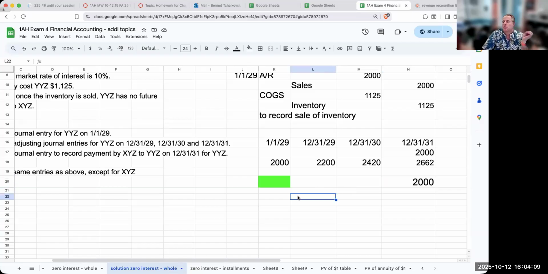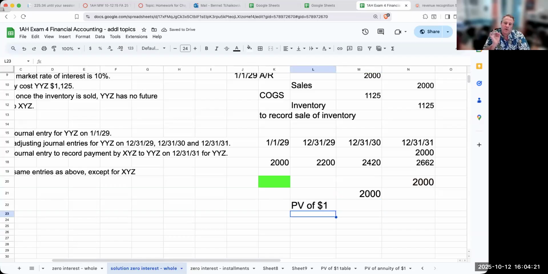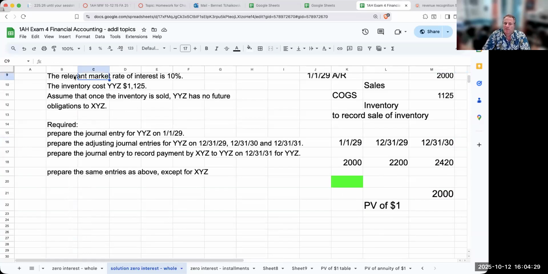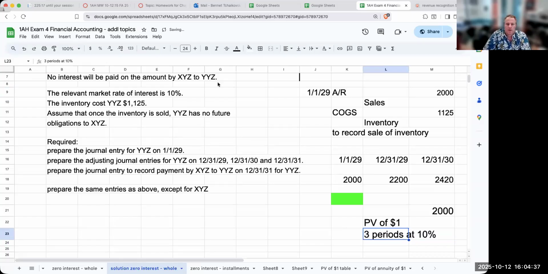So the table I'm going to use, because it is a lump sum, is the present value of $1. I'm going to take 2,000 times the present value of $1, and the factor that I want is 3 periods where interest is being compounded, and the relevant market rate of interest, which I have to give to you. So this is going to be 3 periods at 10%.